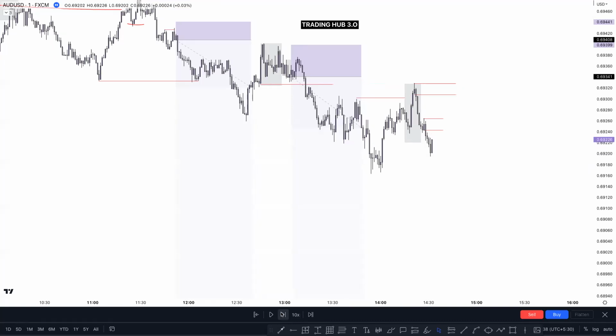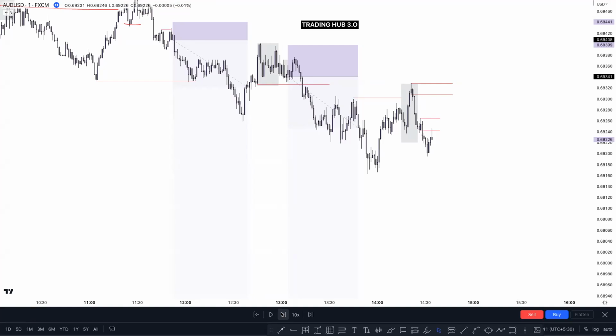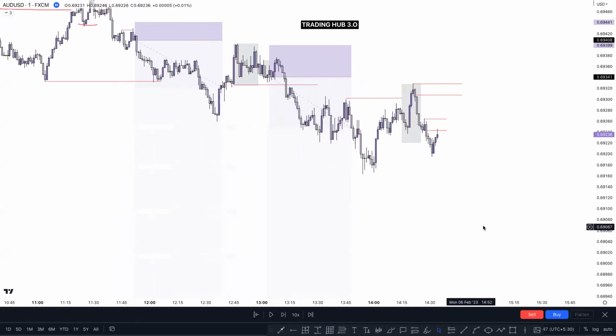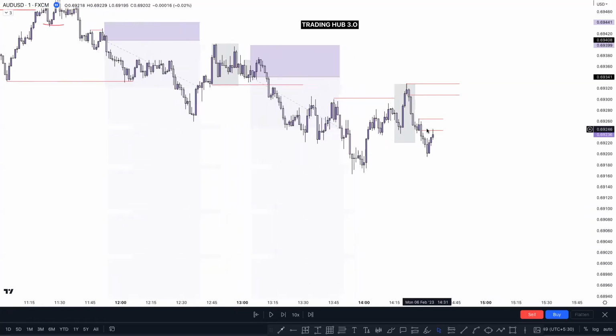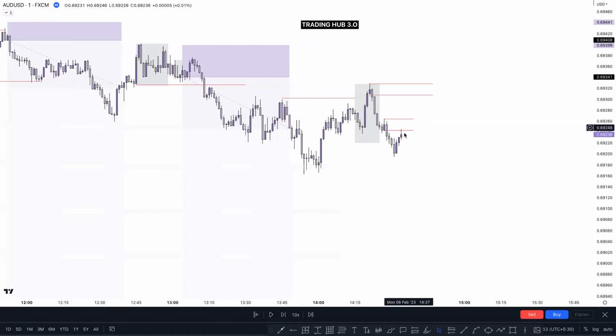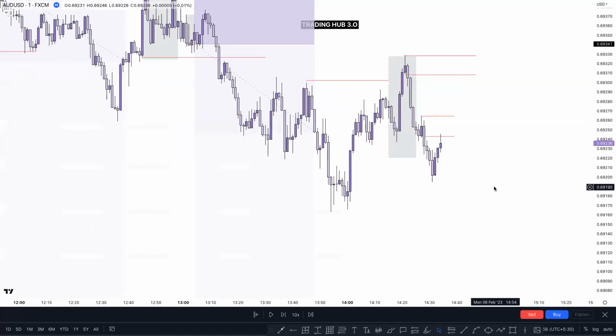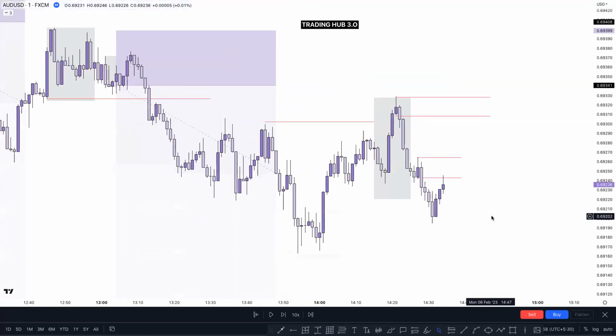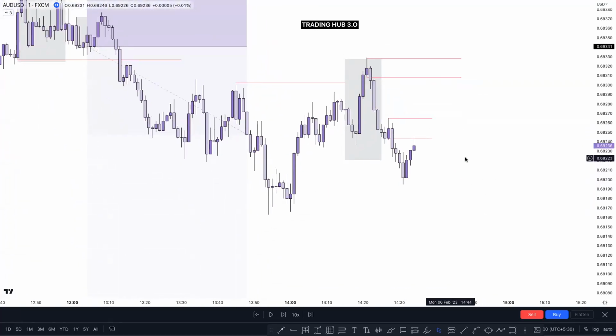Okay, you have to wait for it to mitigate the 1 minute order block. It gives a small reaction here, and once market gives a reaction here, then you have to prepare that market can give you a confirmation, like an indication before a downside move, right?